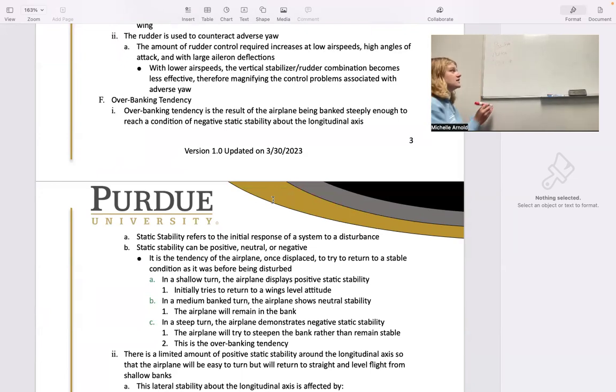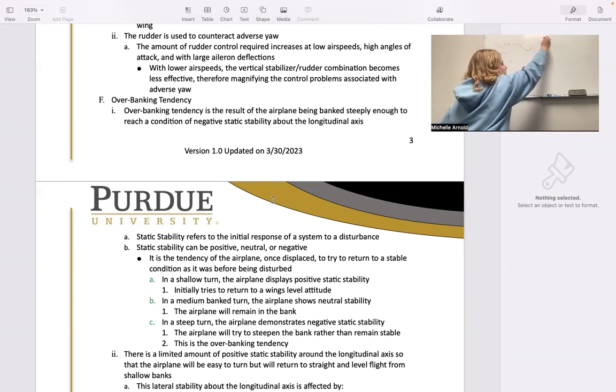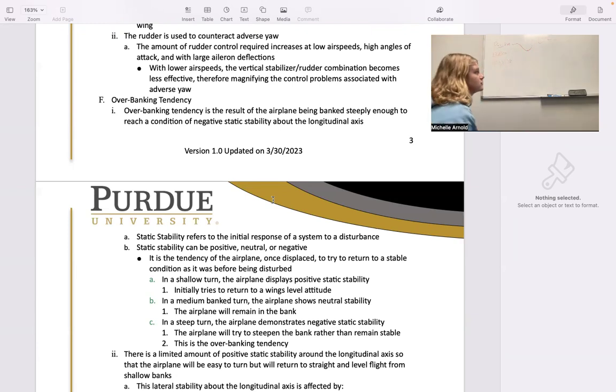So positive static stability is when you're in straight and level flight and then you make a correction, like turning, the plane is going to go back and forth until it goes back to its original position.